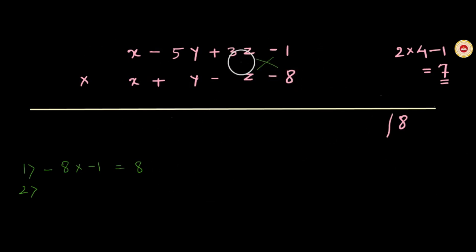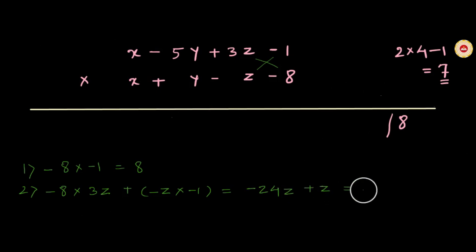So minus 8 multiplied by 3z plus minus z multiplied by minus 1, which is equal to how much? 8 3s are 24, but minus 24, because this first term is minus 8. Minus 24z plus minus z multiplied by minus 1 is plus z, which is equal to minus 24z plus z, means minus 23z.